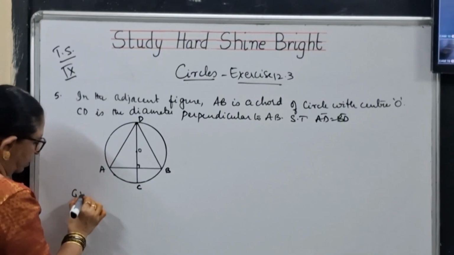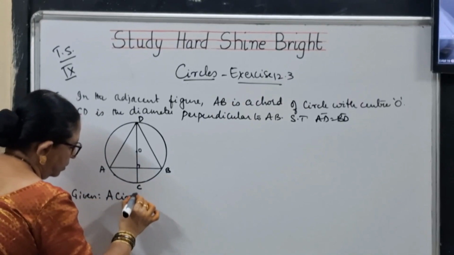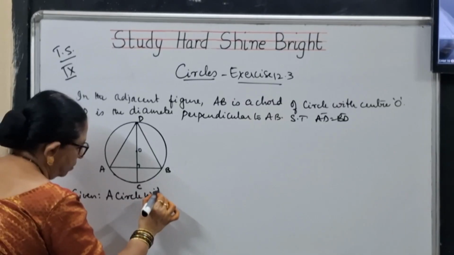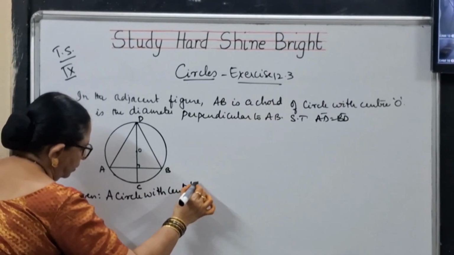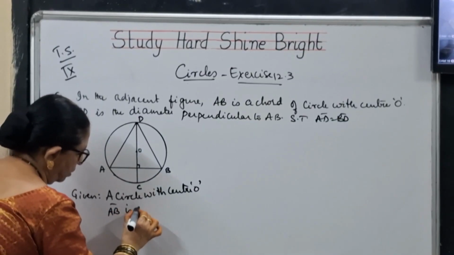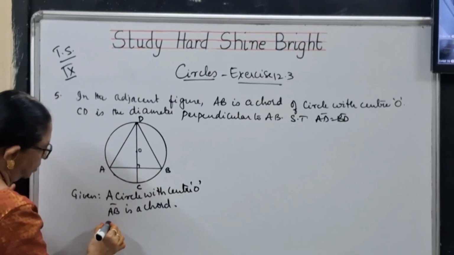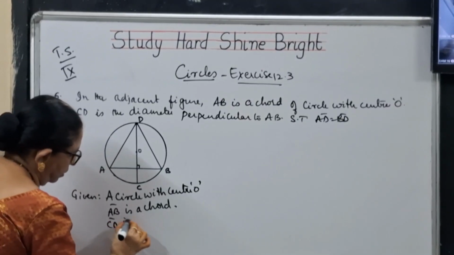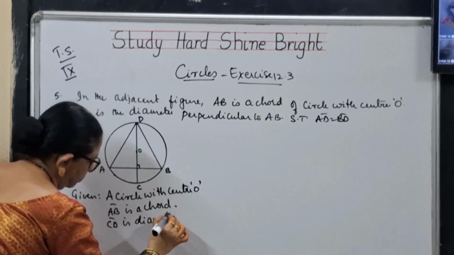So what is given? You have got a circle with center O. AB is a chord. CD is diameter.